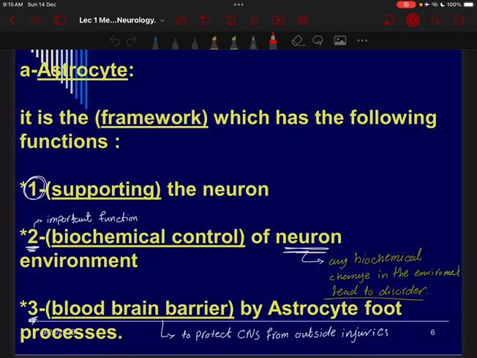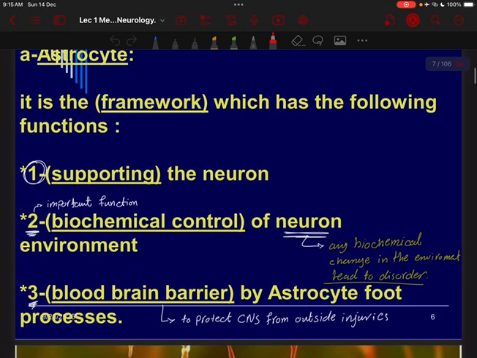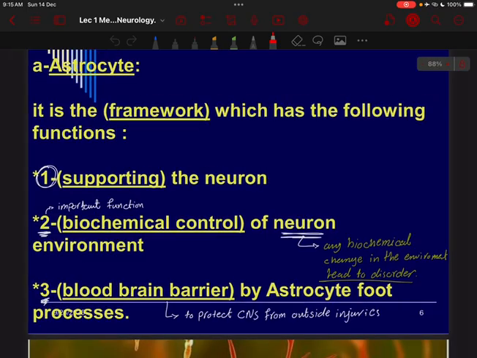Number two, it has a very important function, and that is the biochemical control of the neuron environment. The neuron environment should have a specific environment.